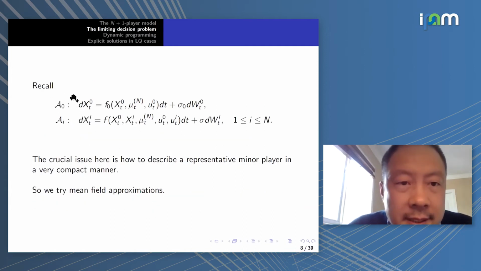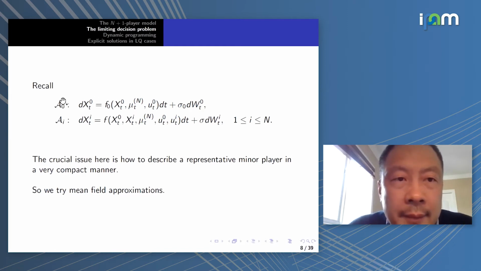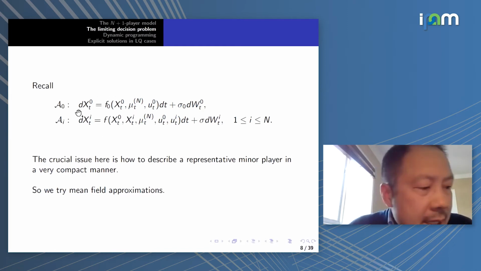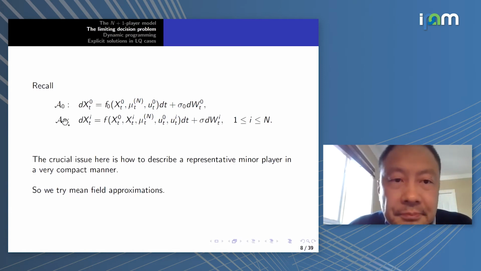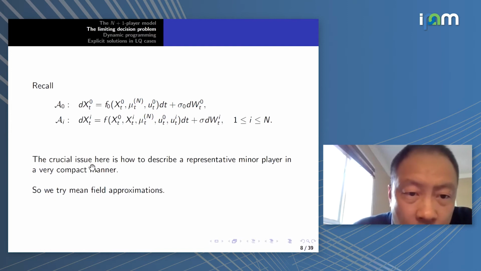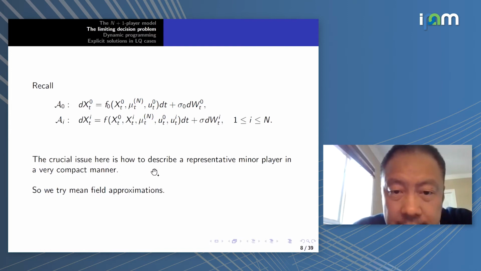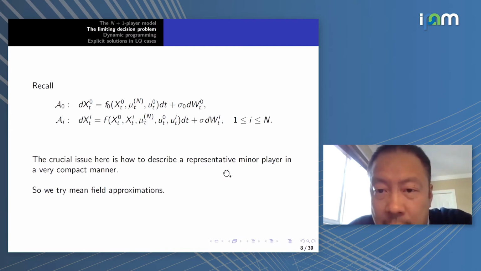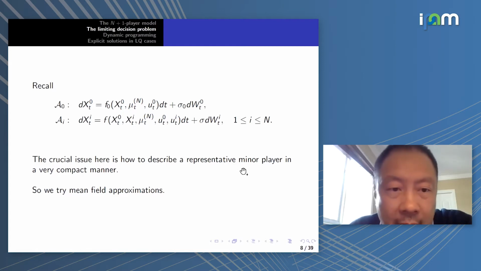So let's recall. A few minutes ago we introduced the dynamics for the agents. The crucial issue here is how to describe a representative minor player in a very compact manner.